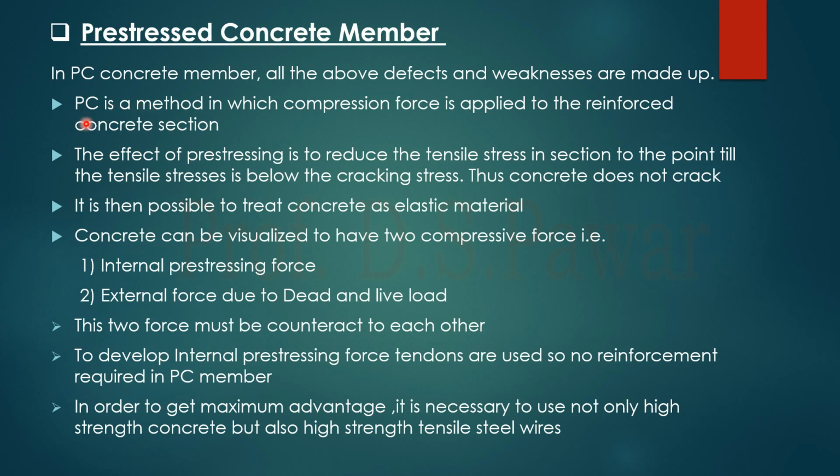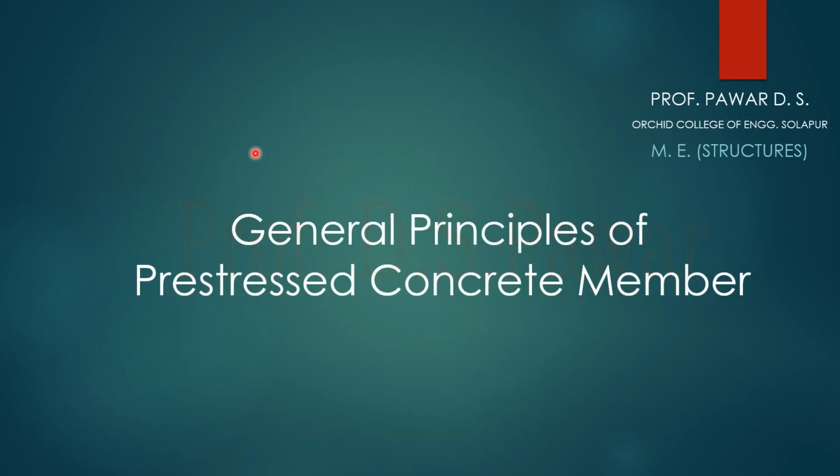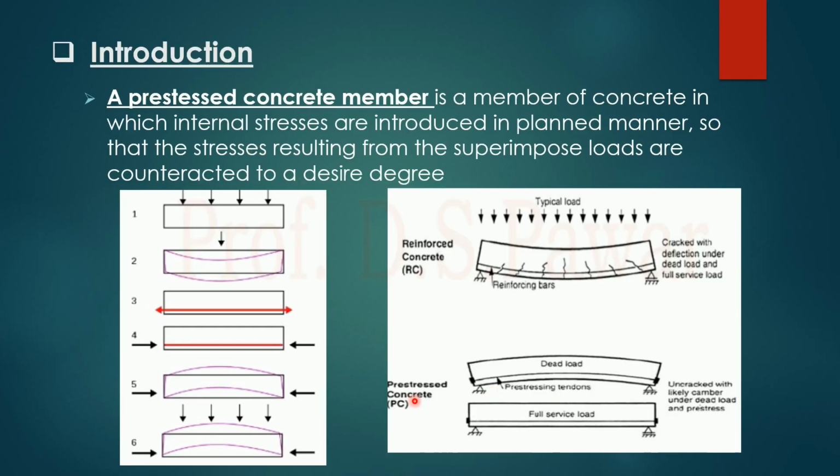So see, you can see here the compression force is going to apply. If you pull this and cut it, this compression force is going to act. So this part of the beam is in compression.